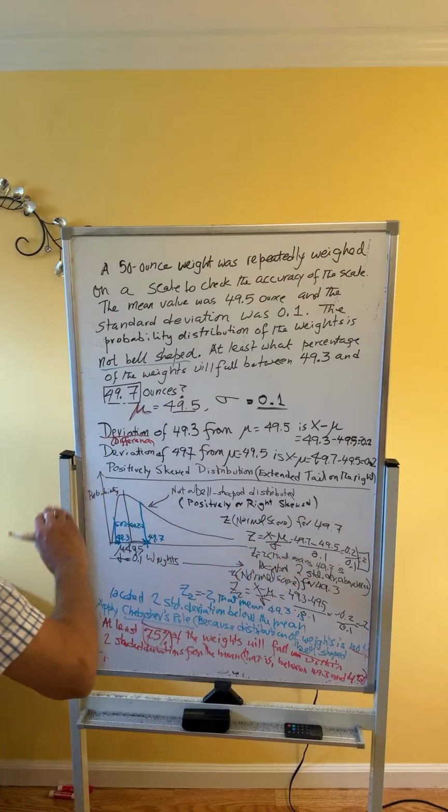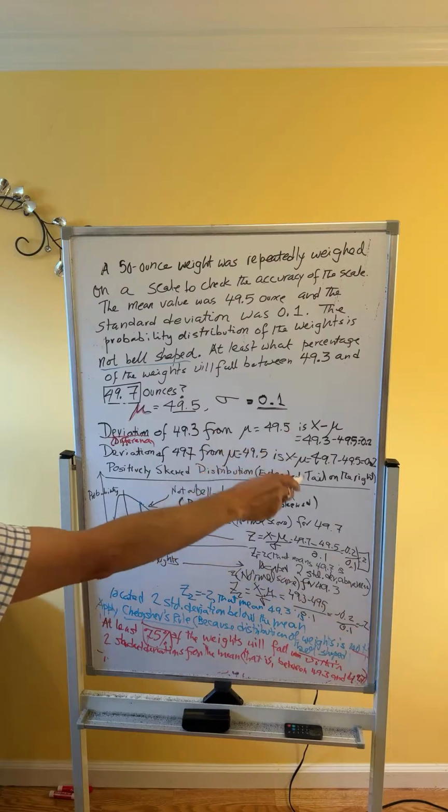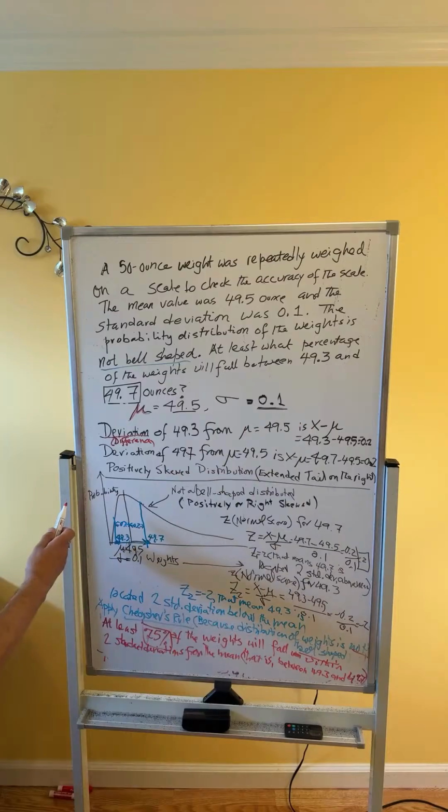The mean is at the center where the height is the highest. It is 49.5. We have a lower number 49.3 and a higher number 49.7, both located 0.2 away from the mean; the one below the mean is minus 0.2.